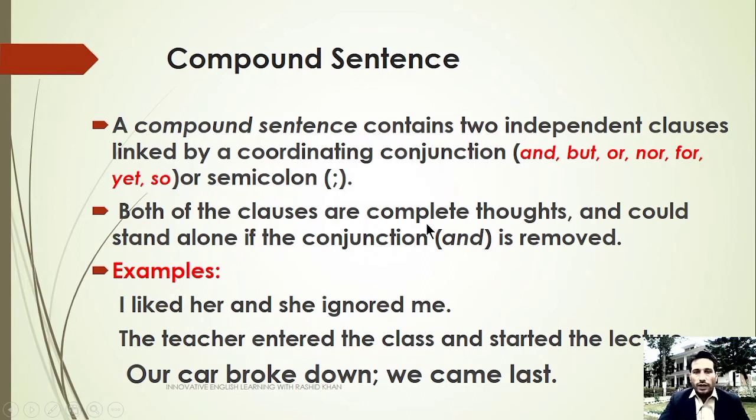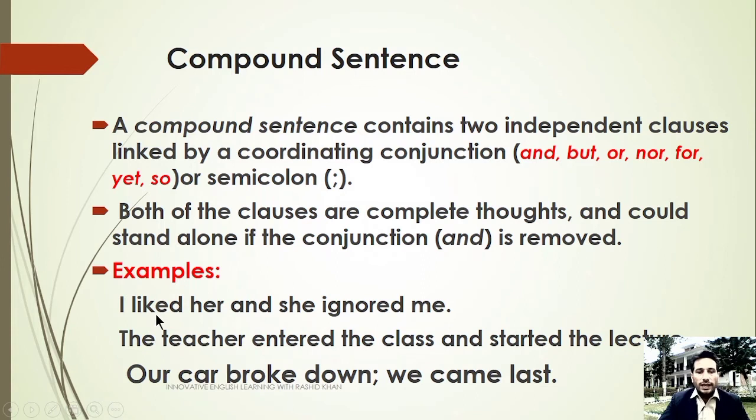Both of the clauses are complete thoughts and could stand alone if the conjunction is removed. Remember, when we remove the coordinating conjunction, both the clauses can be classified as simple sentences, like both of them can give us complete meanings separately. So we join them in one sentence, and such a sentence is called a compound sentence.